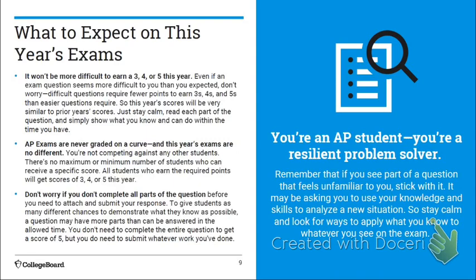That comes into play a little bit later. College Board is saying it is not going to be more difficult than in other years to get a 3, 4, or 5. That middle bullet point says AP exams are never graded on a curve, and this year's exams are no different. I know what they mean.